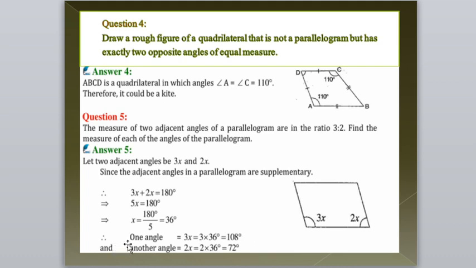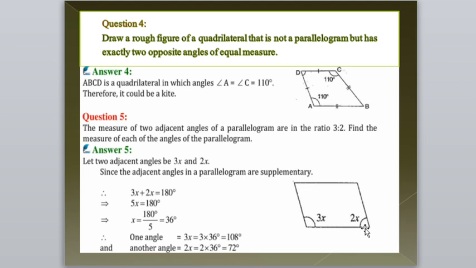So the first angle, angle 1, is equal to 3x, that equals 3 into 36 degrees, which is equal to 108 degrees. And the other angle is 2x, and we got the value of x as 36. So we multiply 2 with 36, that is 2 into 36 degrees equals 72 degrees. So here we got the measure of the two adjacent angles as 108 degrees and 72 degrees.